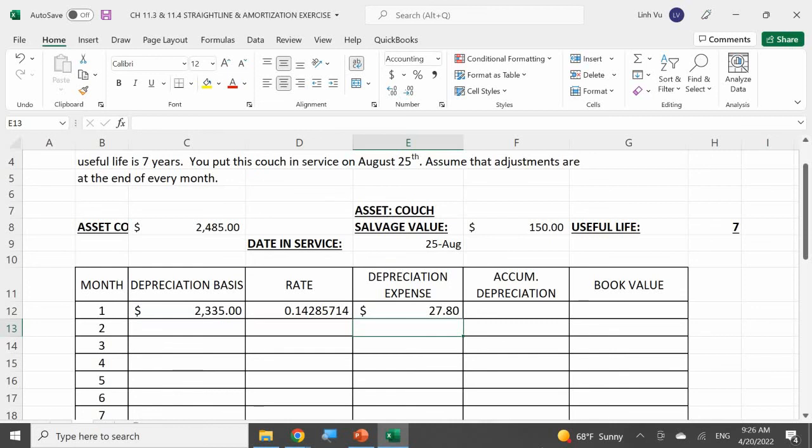I'm not sure. I thought, because we start in August, how do we do it for the whole year when we have just 4 months left? Well, think about it. If one whole year is $333.57, can you depreciate for one whole year?